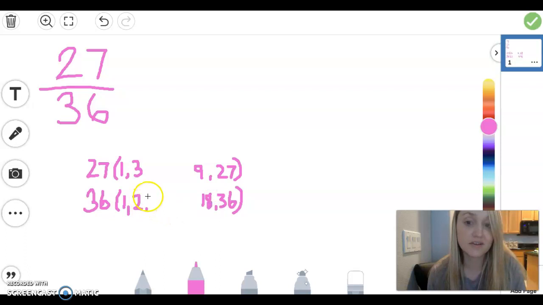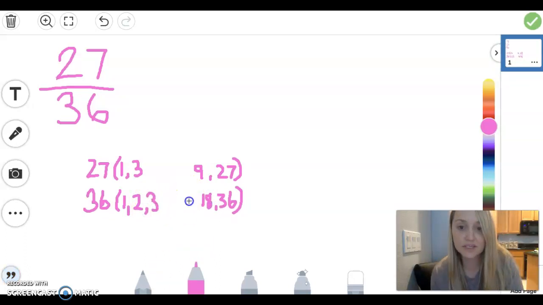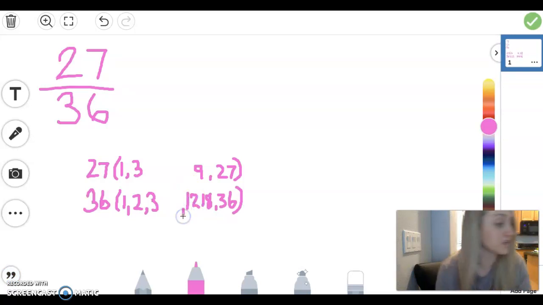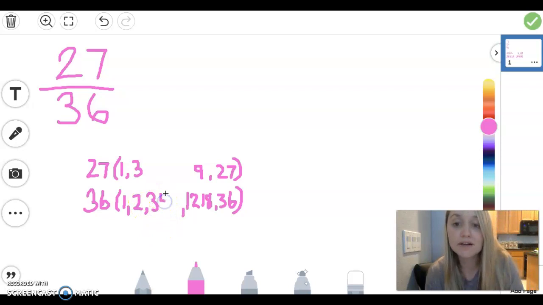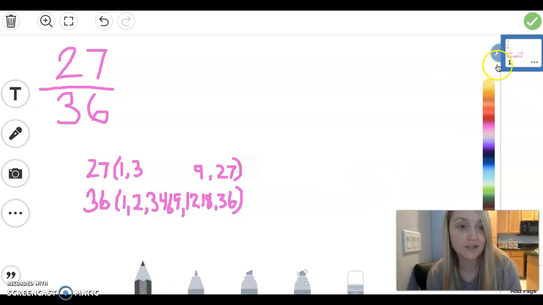Then we'd have 3 and 12. There's a lot on this one. And then 4, 9, and 6. Okay, so those are all the factors that we have of that number.